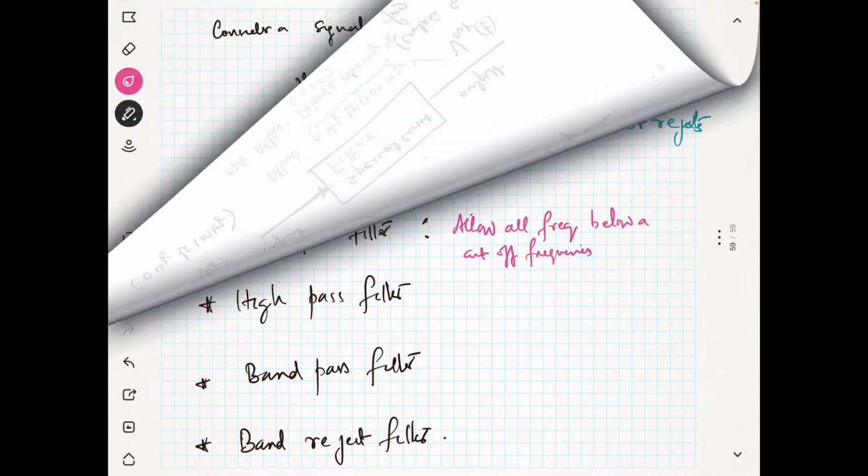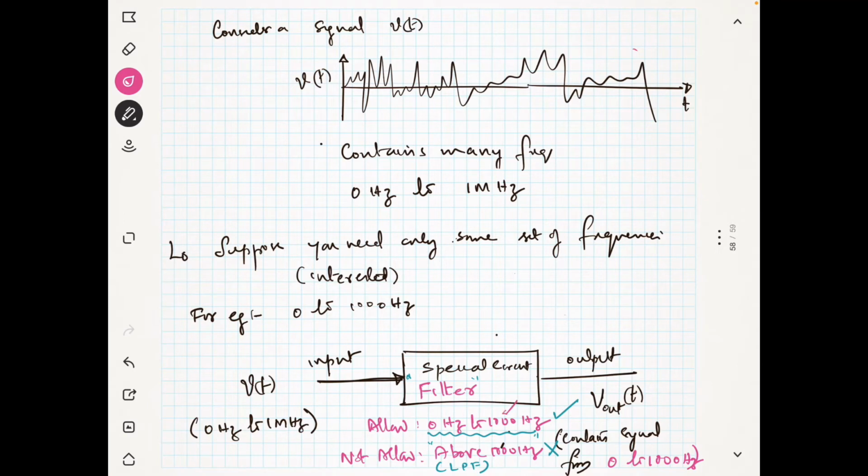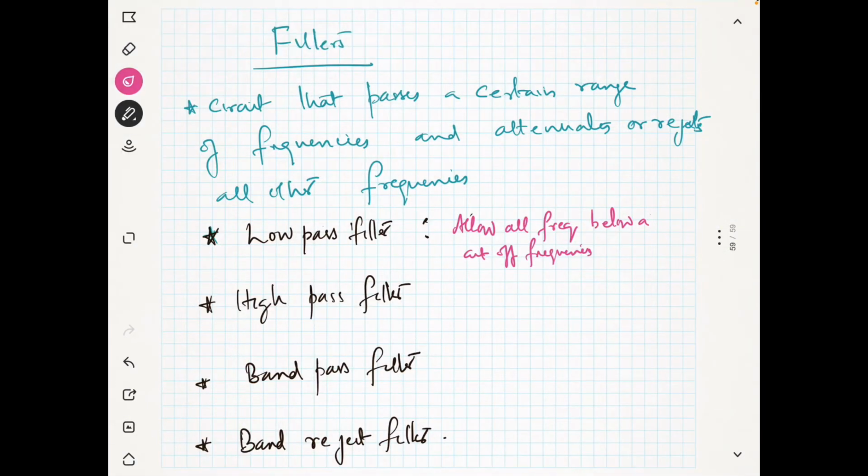In our previous example, the cutoff frequency is 1000 hertz. That means it will allow all the frequencies below 1000 hertz, and it will not allow the frequencies above 1000 hertz. And what is a high pass filter? It will allow all frequencies above a cutoff frequency.